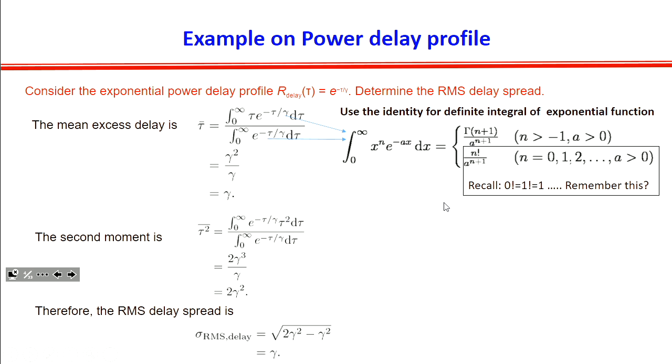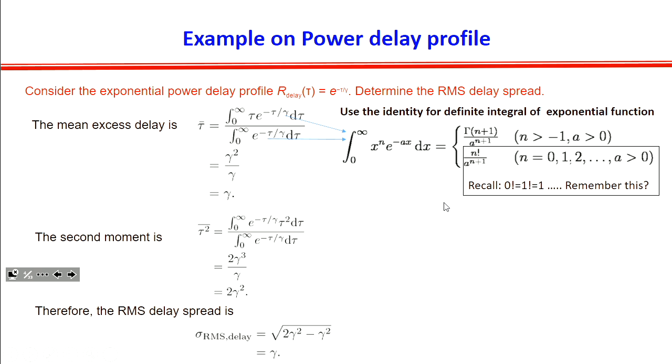Based on this, we looked at an example yesterday. Say, for example, we are given a certain well-behaved exponentially decaying power delay profile. This is a very nice, intuitive sort of multipath channel where the path that arrives after a very long time decays more, and it decays as an exponential function, which is good.